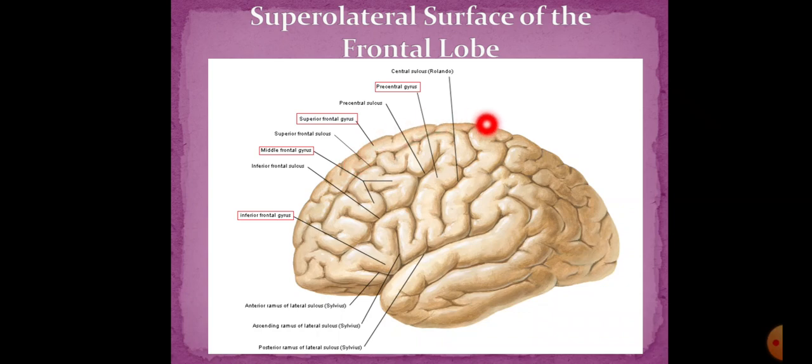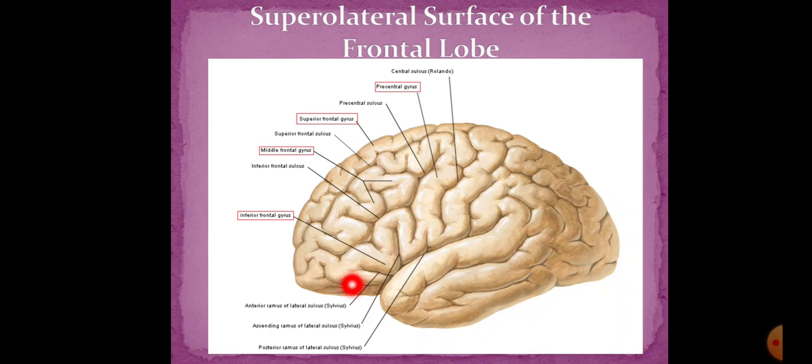This is the outer surface of the cerebrum, which consists of the gray matter. This gray matter projects into elevations known as gyri and depressions known as sulci.